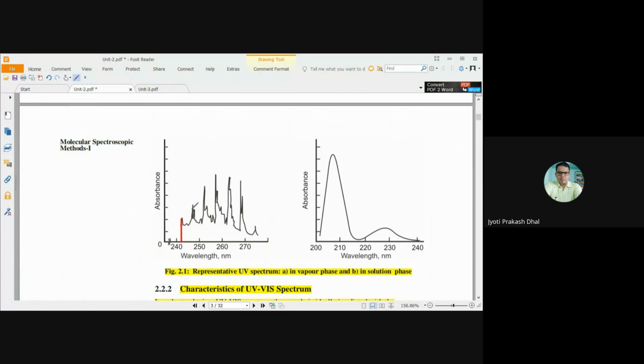After that it will absorb around 247 nanometer, then around 248 nanometer, then around 253 nanometer, then around 258 nanometer. So according to the nature of the sample, it will absorb electromagnetic radiation of particular wavelength. At that position the absorbance will increase, so we will get the spectra.